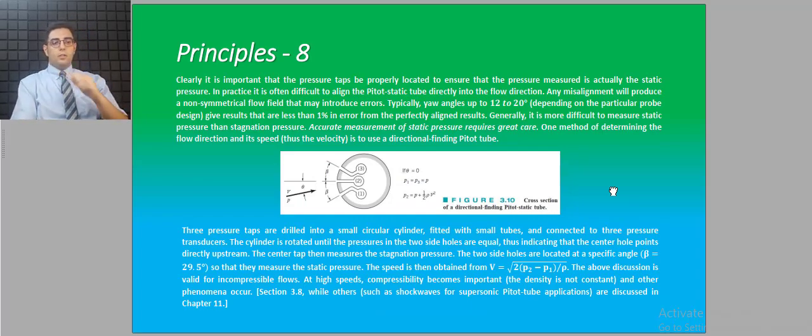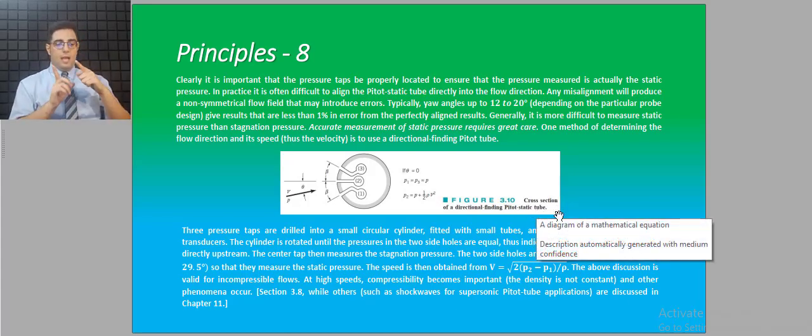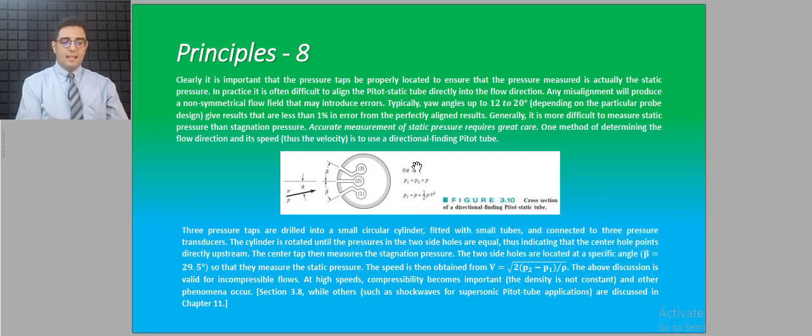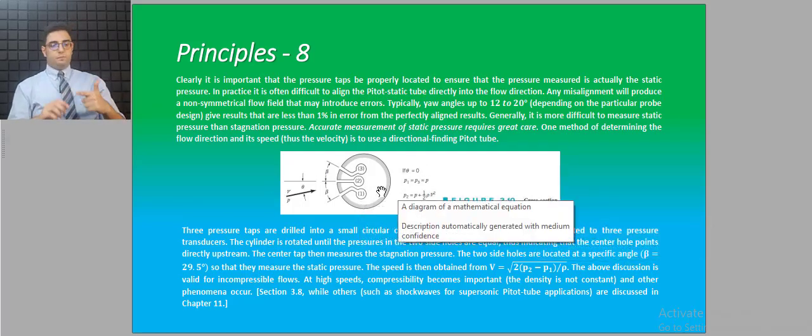In order to have the pressure taps properly, one of the methods suggested to calculate the static pressure is to have the pitot static tube designed like this.